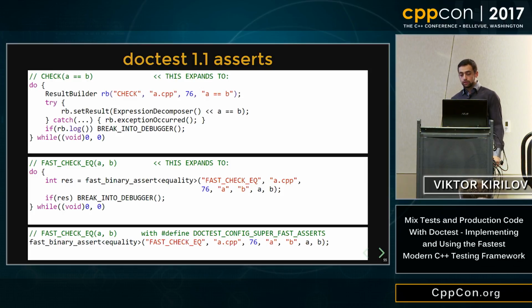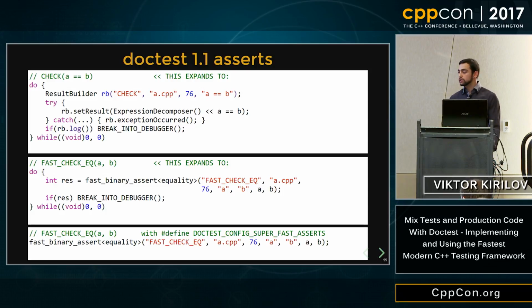The fast binary asserts, again, are even less code, and that's why they compile faster. And they're, again, inside of a do-while loop, because we have 2 things we have to do. We have to call the assert function, and we have to do an if statement for whether we should break into the debugger. And when we define the super fast asserts identifier, those same fast binary asserts become a single function call.